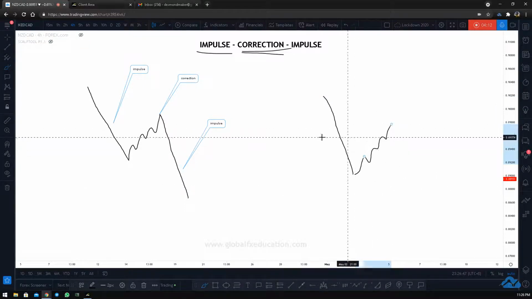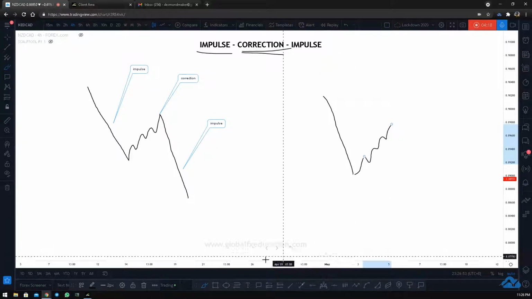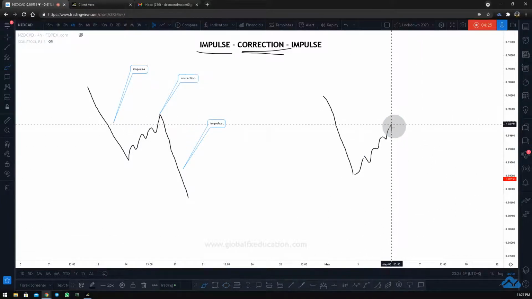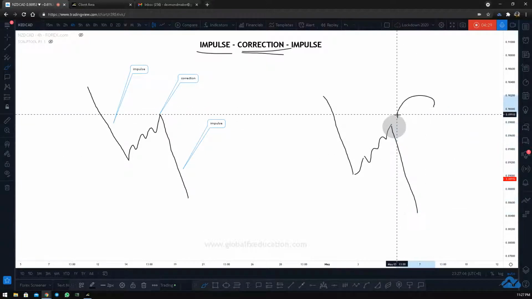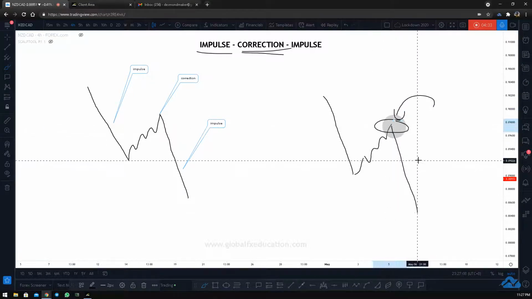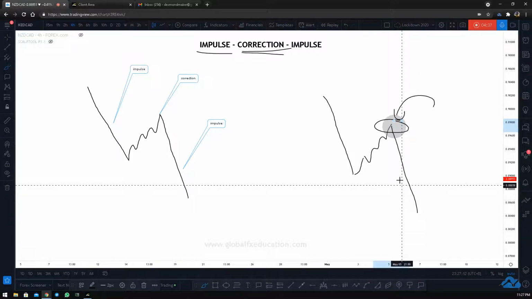When the market creates a correction, only then are we interested in looking for a swing opportunity to get into the market in order to catch the next wave to the downside. So we will be entering in this area over here, and we have a very nice risk reward opportunity by trading this way.